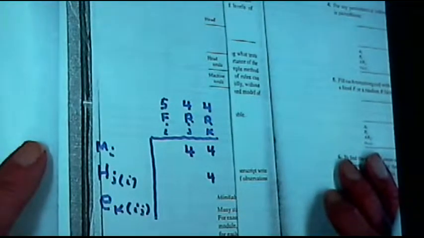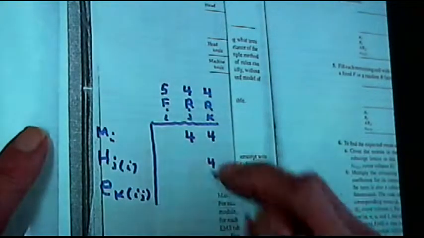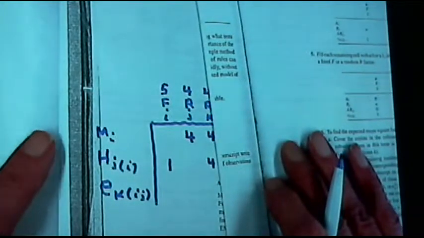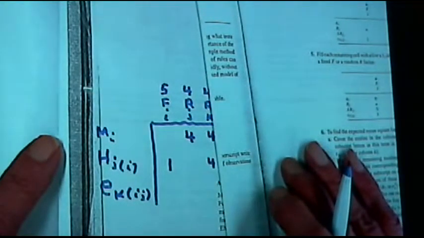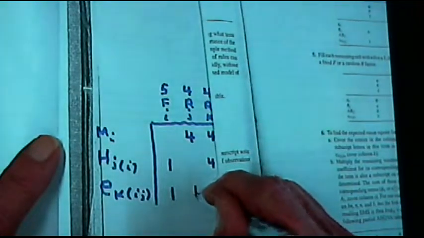So if I try to follow those directions, I should put a 1 apparently here. And then by the same token there and there.